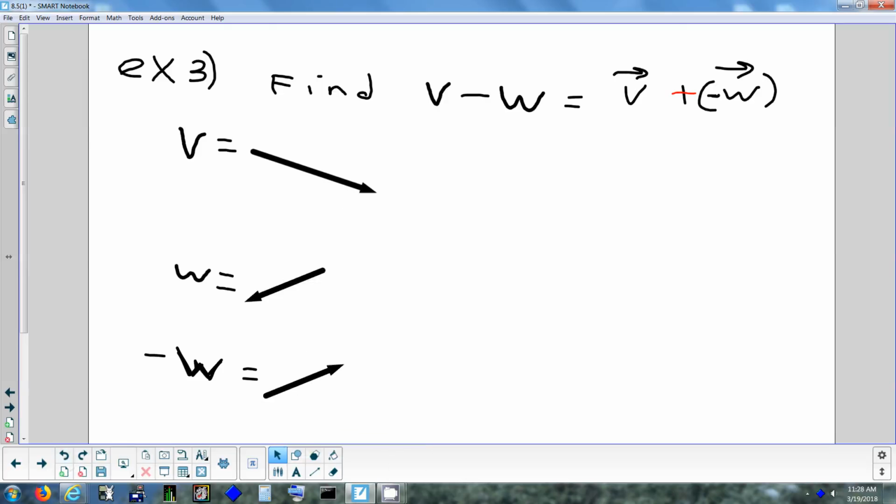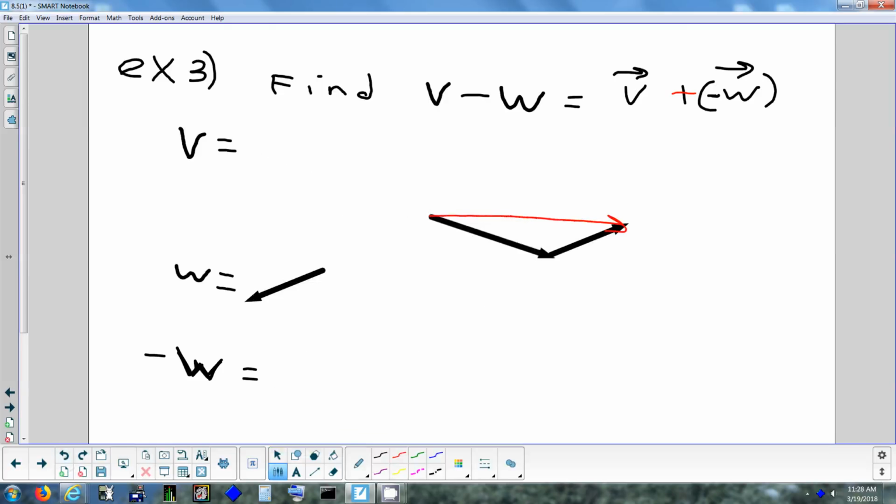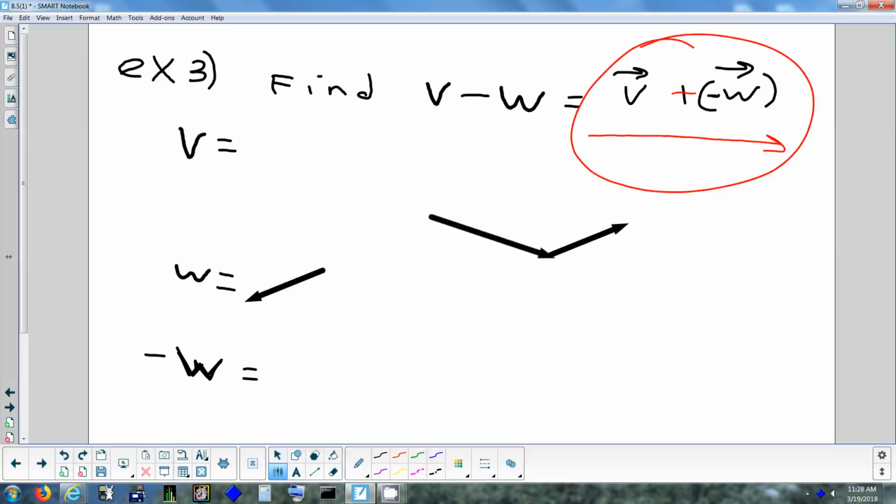Now I have negative w, and now just add them together. Take v plus negative w, and again, what I'm really doing is subtraction. And that's it. That's the answer. V plus negative w.